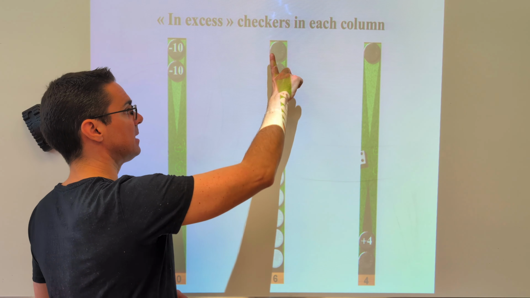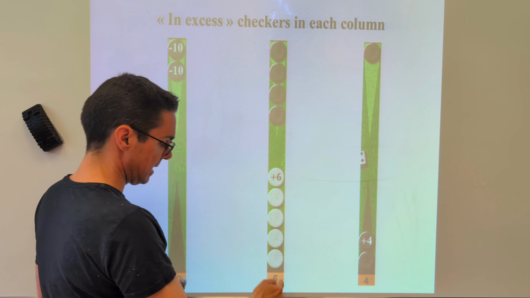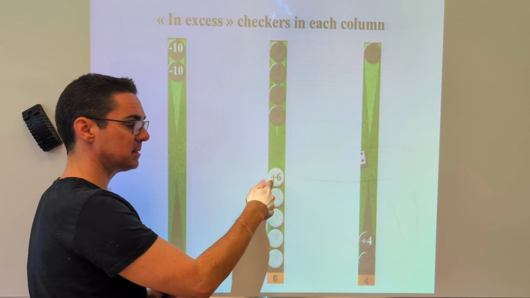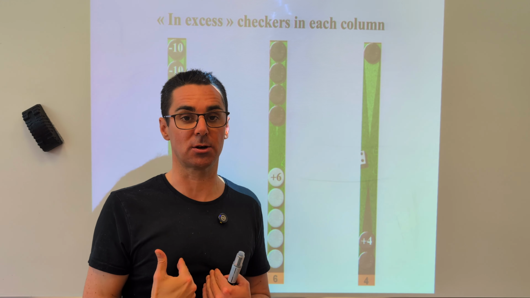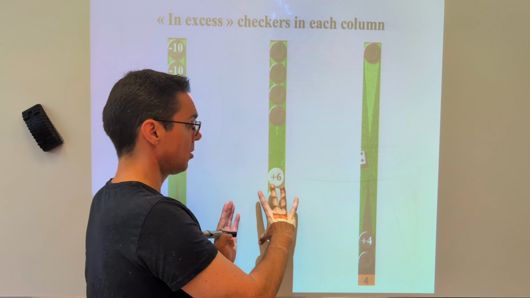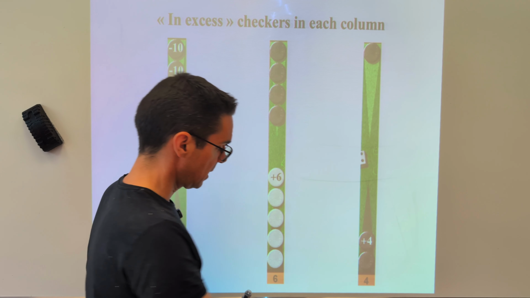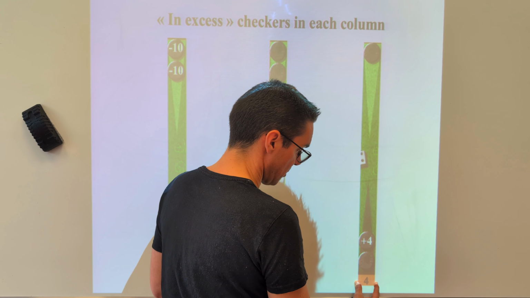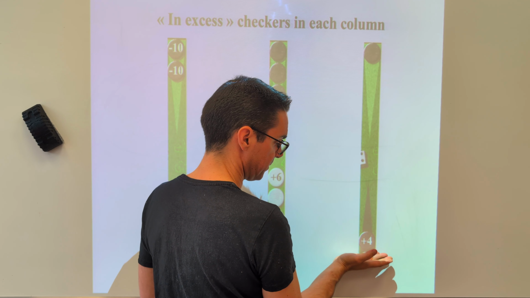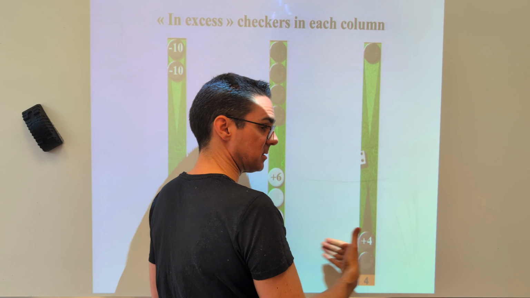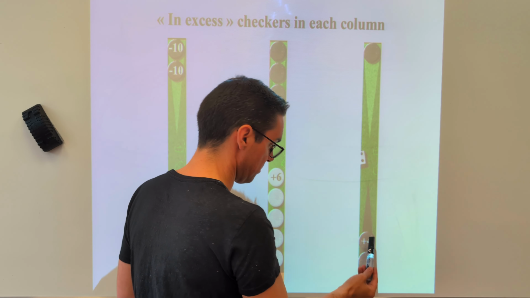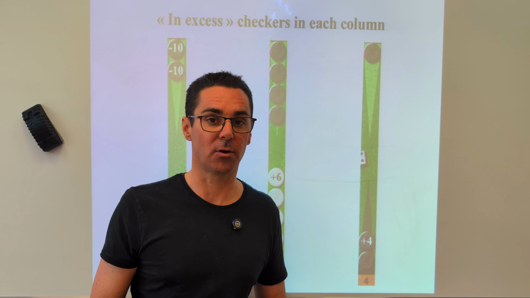Those 4 are equal with those 4. It's column number 6, so it's the number 6, and it's a plus because it's your checker. It's considered as your checker because it's among the first 15 checkers. If you look at column number 4 here, you just have one checker in excess. It's plus because it's among the first 15 checkers, and it's 4 because it's on column number 4.